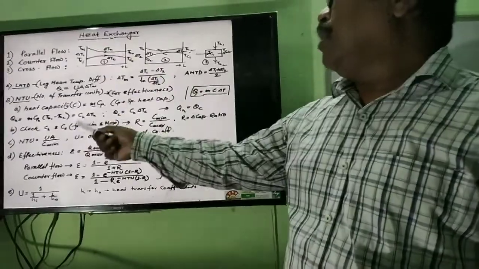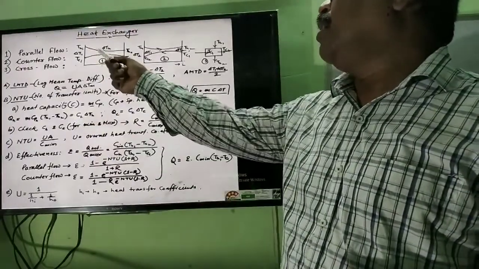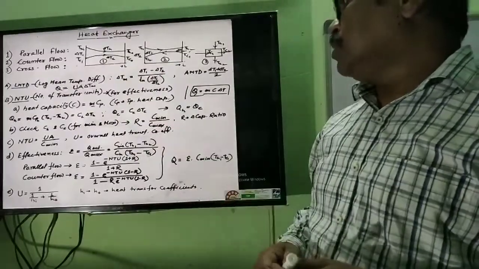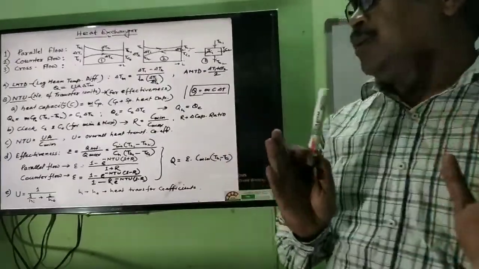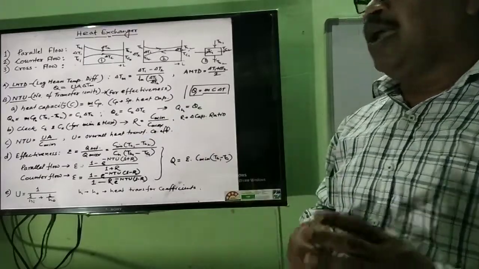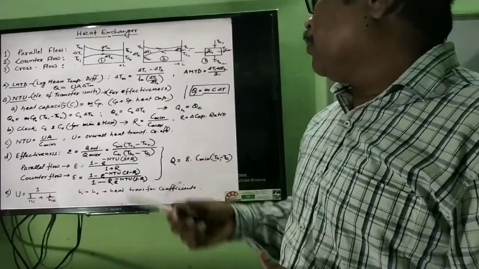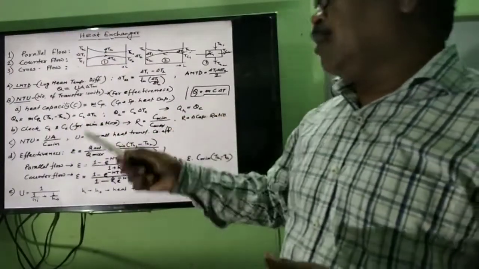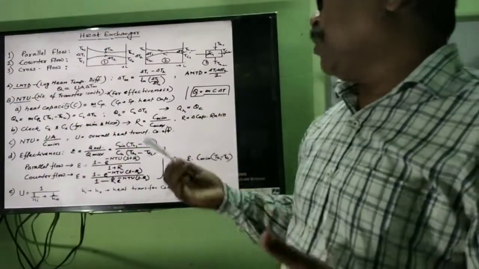Generally, whatever amount of heat is given by the hot fluid is taken by the cold fluid, so heat loss equals heat gain. That is the only concept. From this you can calculate the amount of heat transfer, Q. Remember, the specific heat capacity multiplied by mass gives the heat capacity.